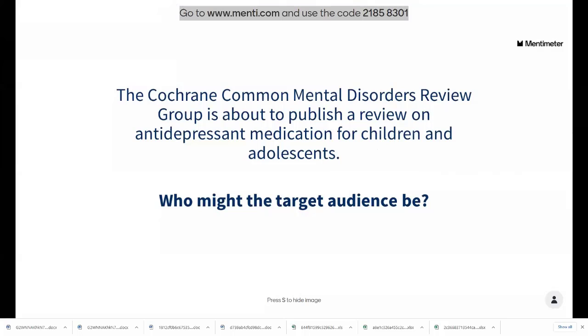If you pop that in, then we'd like you to think about who might be the target audiences for our dissemination products for this Cochrane review coming out about antidepressant medication for children and adolescents. You should be able to put in more than one audience, because obviously there are multiple ones. But just pick the ones that come into your mind first off. Don't have to think too hard about it.